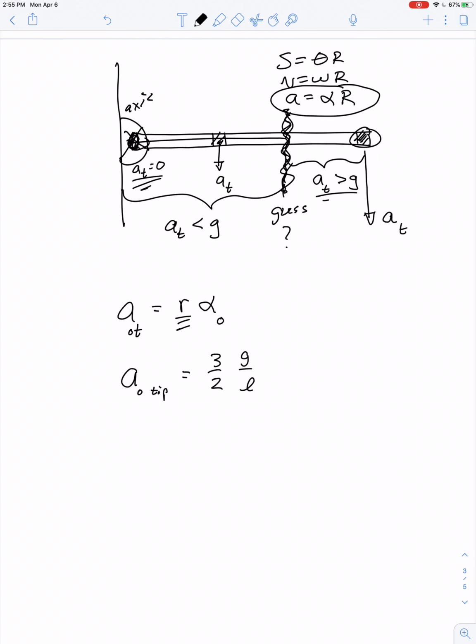But that would just be L. So I'm multiplying 3/2 g over L times L, and I find that the initial acceleration for the tip of this beam is equal to 3/2 of g, or 150% free fall acceleration.